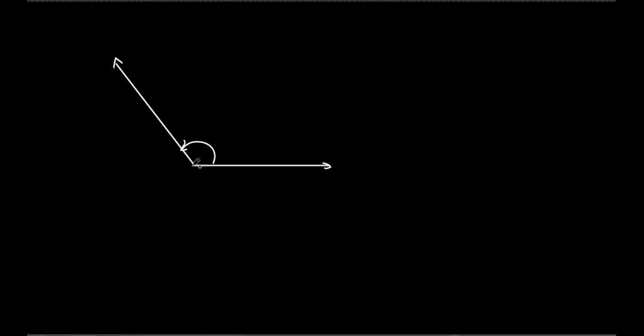Remember, 90 degrees would have gone up that way, right? But this goes beyond 90 degrees. And so that would be more than 90 degrees or greater is what we're going to say. And we call that an obtuse angle. Obtuse. And that would be greater than, you can say more, kind of means the same thing, greater than 90 degrees.